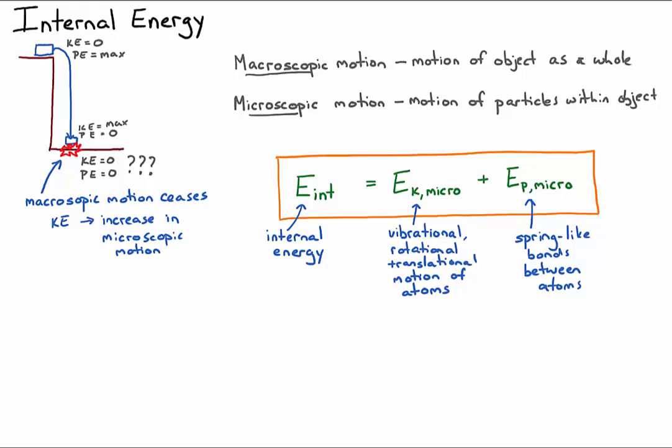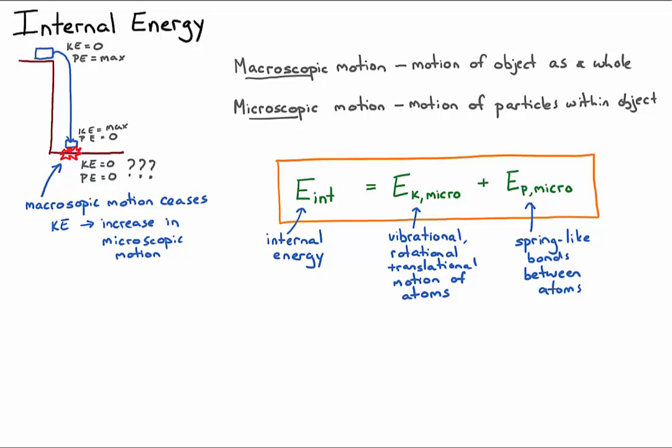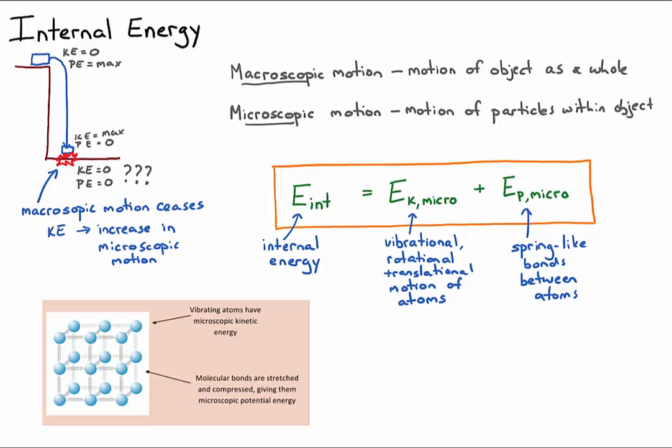The same thing happens with those bonds between atoms. And I've just got a little picture here of those bonds in the atoms. So we've got the motion of those atoms, which is the kinetic energy inside, so the internal kinetic energy. And we've got those bonds there with the little springs between them, which represents the potential energy.